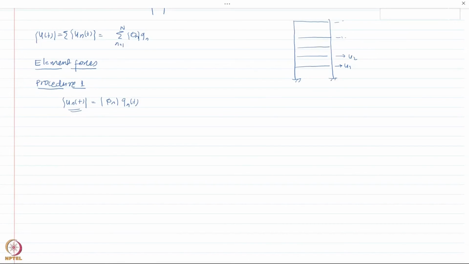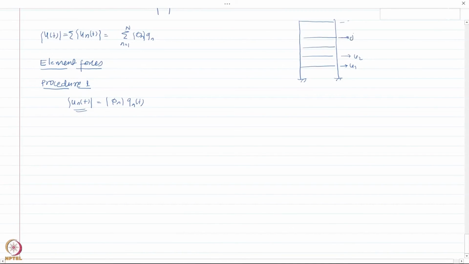For example, let us say this is the jth story and this is the j minus 1th story. If I define my story shear in this story as Vj, and I consider the nth mode, then the story shear in the jth story would be the story stiffness, kj, times the story drift.